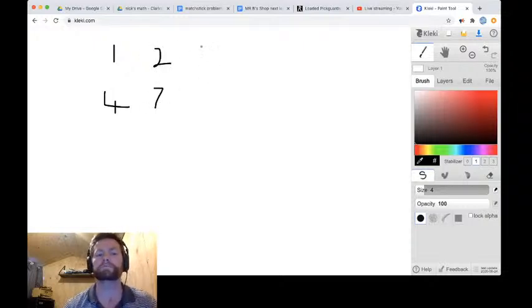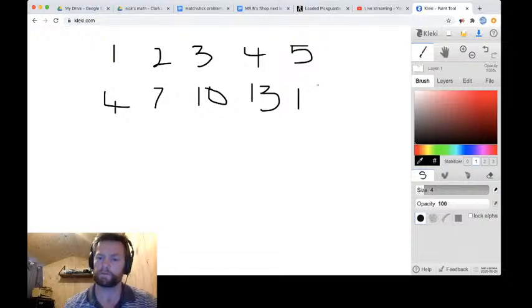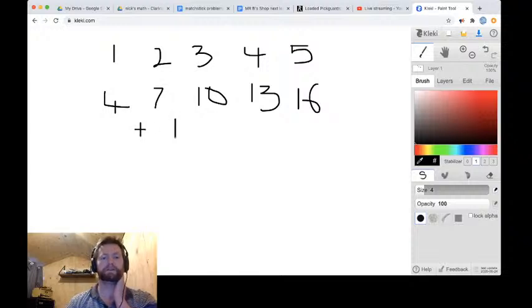Third one is 10. Fourth, 13. If you had 5, you're going to get 16. And so on. So you can see that it's plus 3 each time, it goes 3 up.